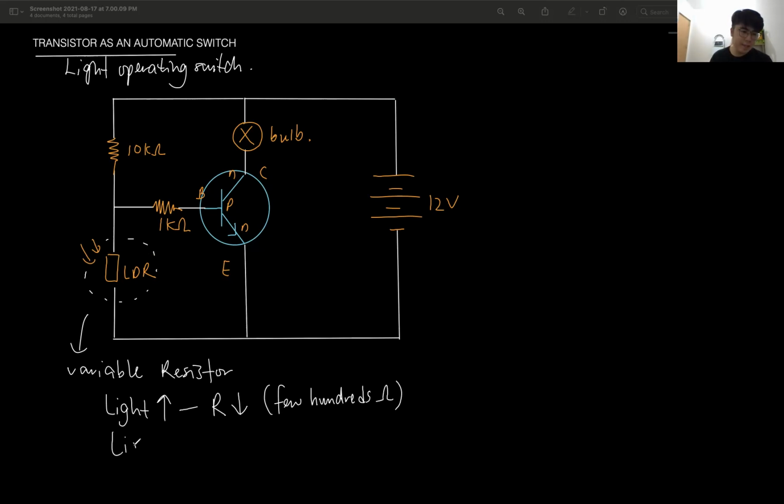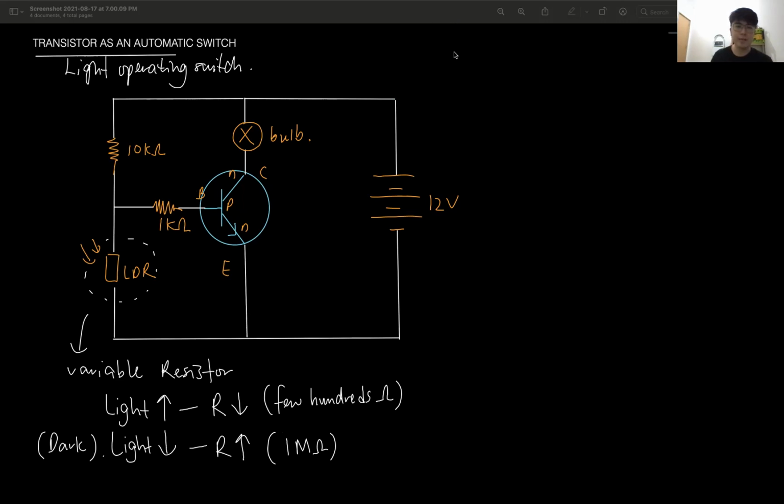If the light intensity is very low, that means in a dark room, then the resistance becomes very high, that can reach about 1 mega ohm, like 1 million. Mega is million, 1 million ohm. So this is the function of the LDR. Depending on how much light is shining on it, this resistance will change.